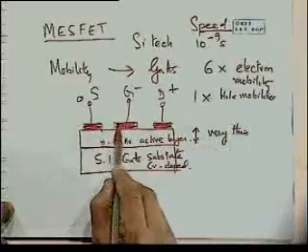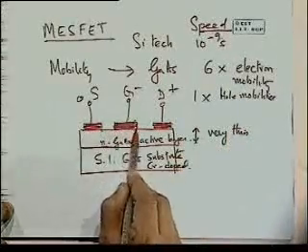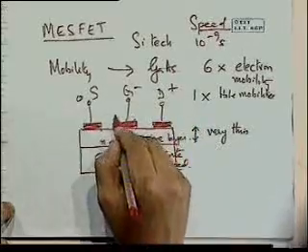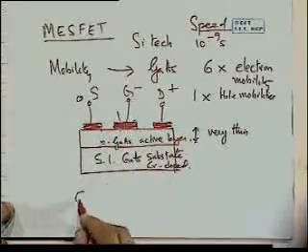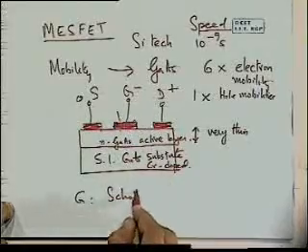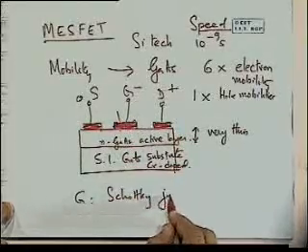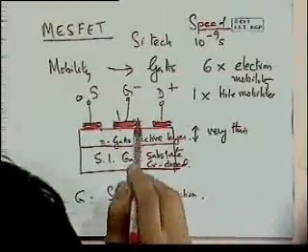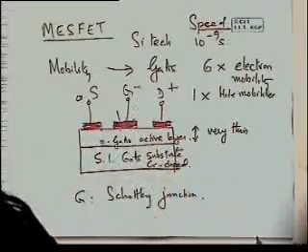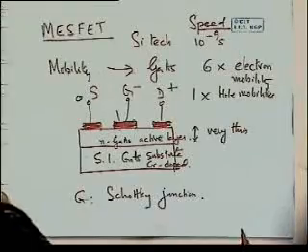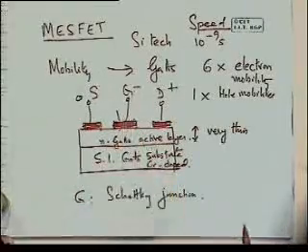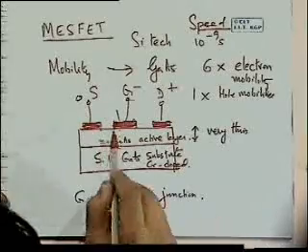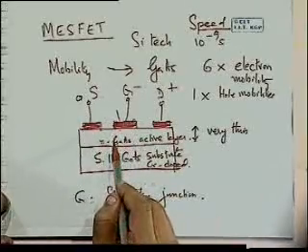Now, when you put a metal onto gallium arsenide, if you choose the metal correctly and make this a Schottky junction, the gate, what do we have below it? A Schottky junction sitting on an n-type gallium arsenide in reverse bias. What can we expect of the gallium arsenide here?